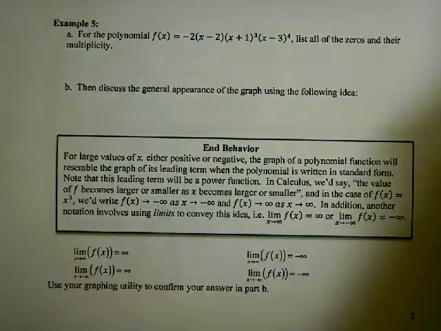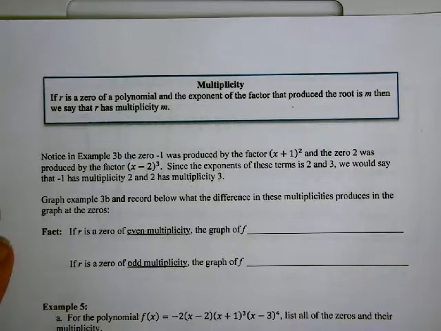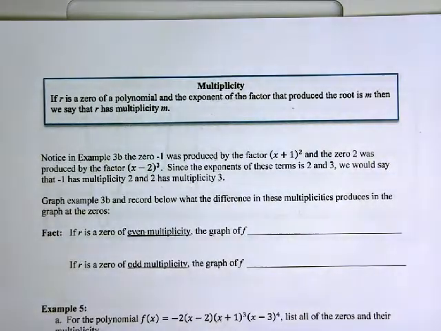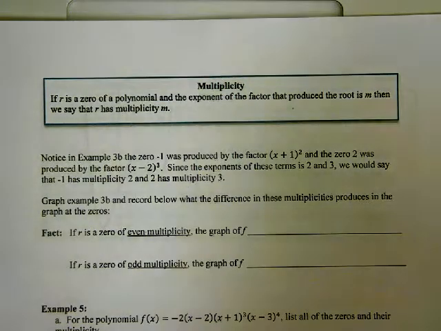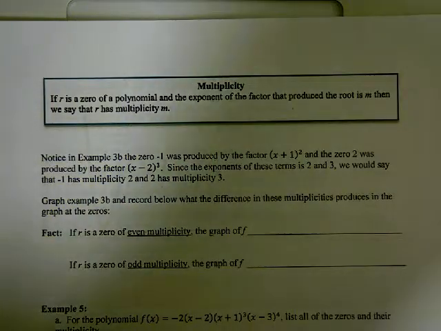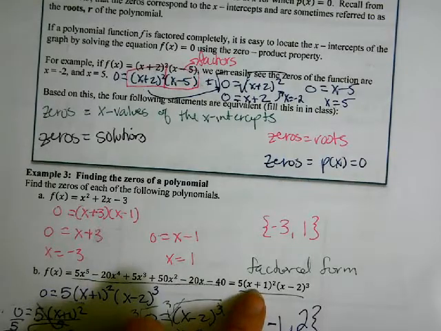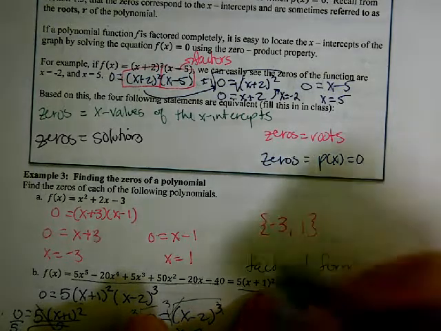Since you're back from going to Desmos and taking a look, you know that there is a relationship between the factor and a 0. There also happens to be a relationship between the factor, now remember here's a factor, and its multiplicity.